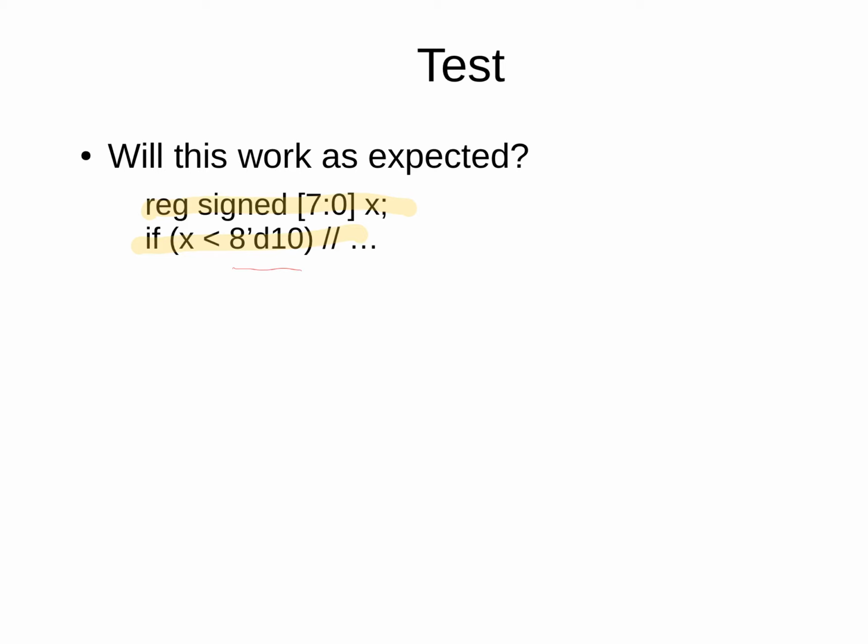This is a strictly positive number with no sign, and so although x is signed, Verilog is going to see that this is unsigned and therefore treat everything as unsigned. So if x contains a negative number, it will not be treated as a negative number, it will be treated as a positive number, and therefore this is not going to work as expected.